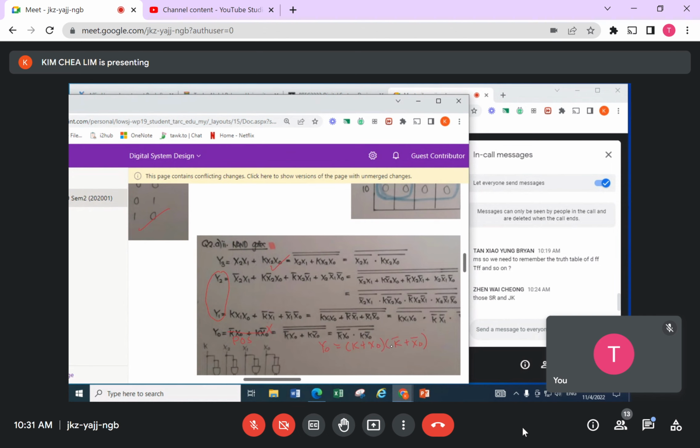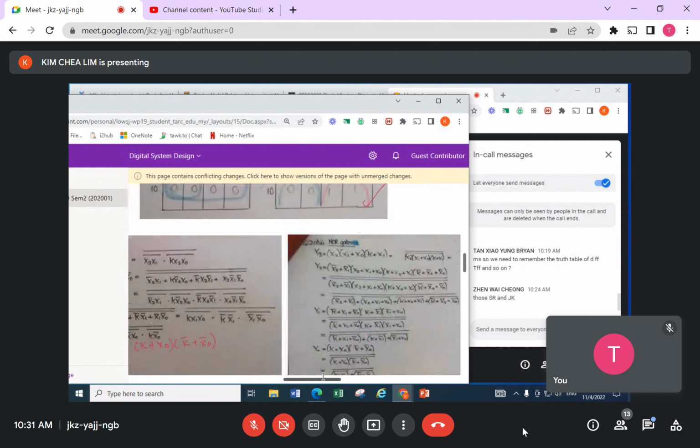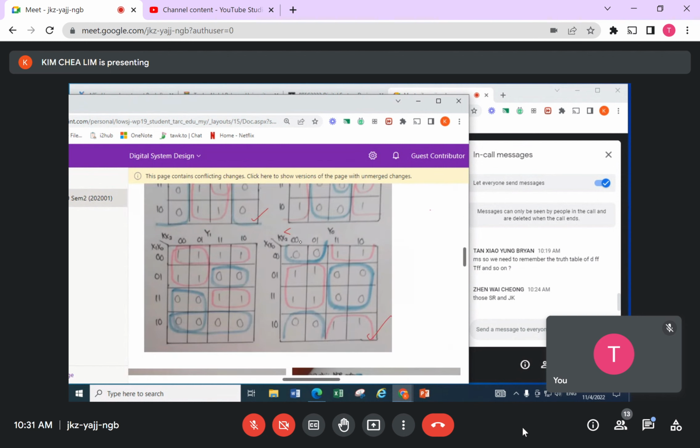Look at this Y0 again. I should loop the 0. When I loop the 0, let's go for this one here first. Over here, what is not changing? K, and K is a 0. So everything is inverted: when you see 0, you write 1. Now this way, my x0 is not changing and x0 is a 0, so I write it as 1.